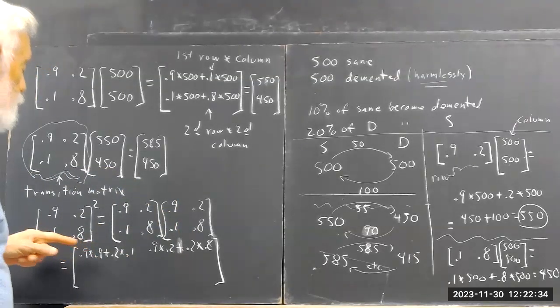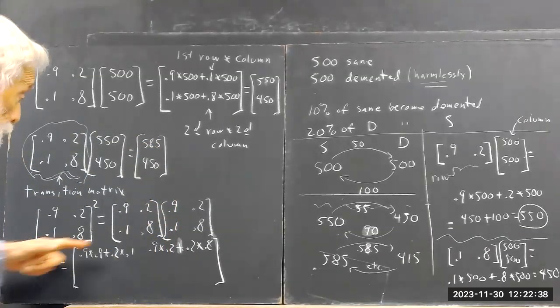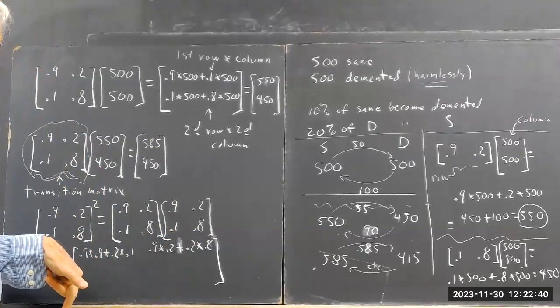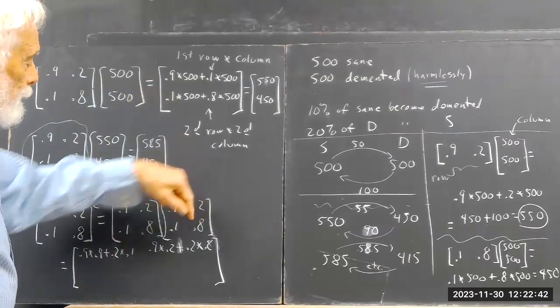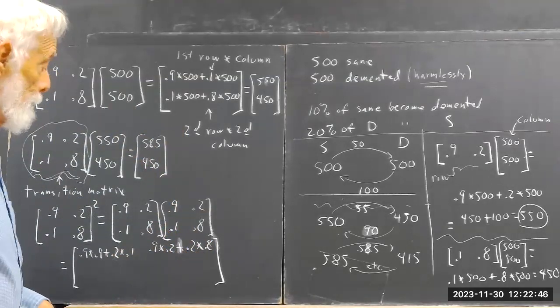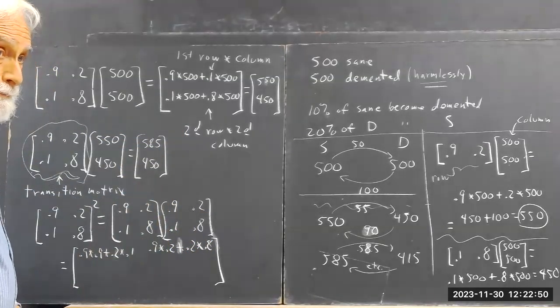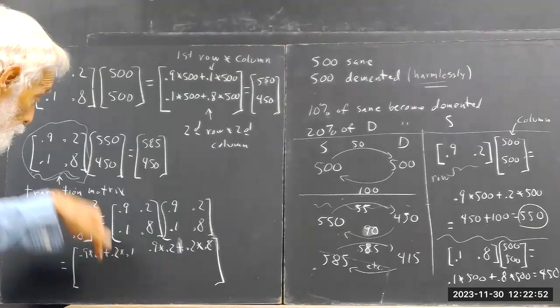Now, this is the first row times the first column. It goes in the first row and the first column. First row times second column goes in the first row, second column. So where would the second row times the first column go? It would go in the second row and first column, lower left.